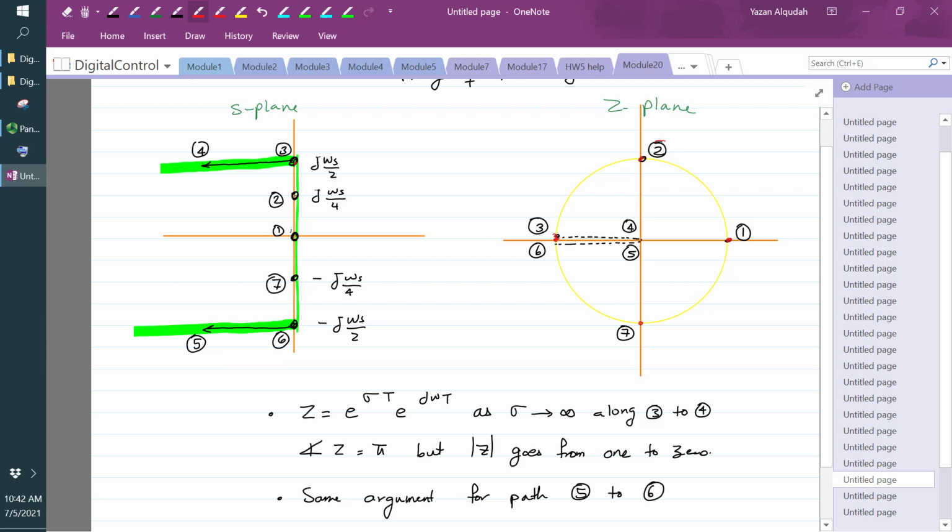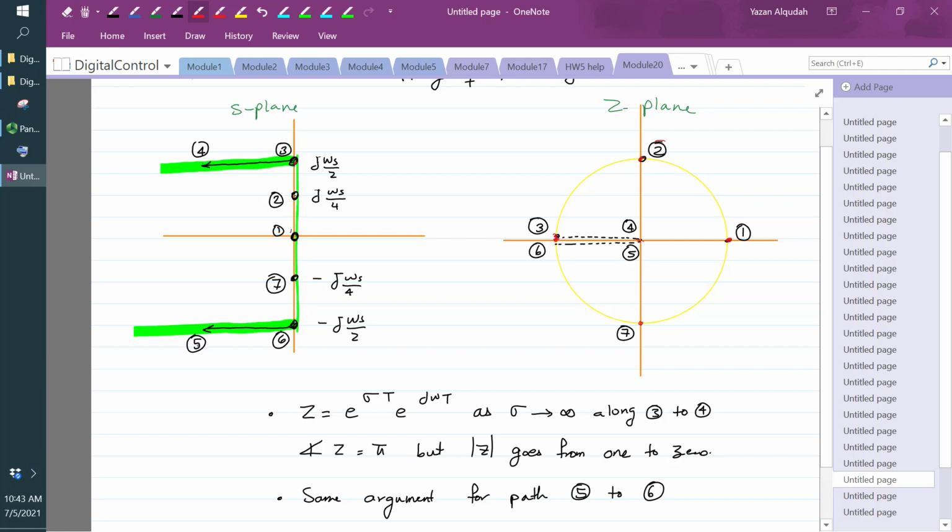And for this strip from 3 to 4, at 4, remember sigma is going to equal negative infinity. Therefore the magnitude, e to negative infinity, is going to be very, very small, so it's going to be at the origin. So going from 3 to 4, I'm going to map along this dotted line all the way to the origin.